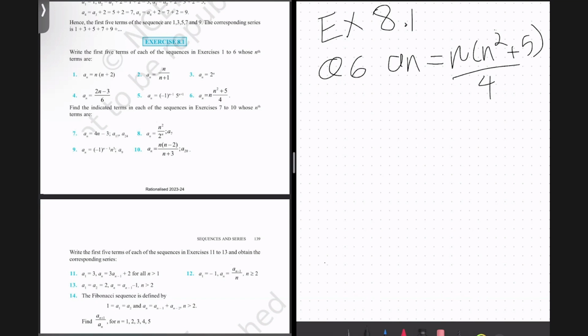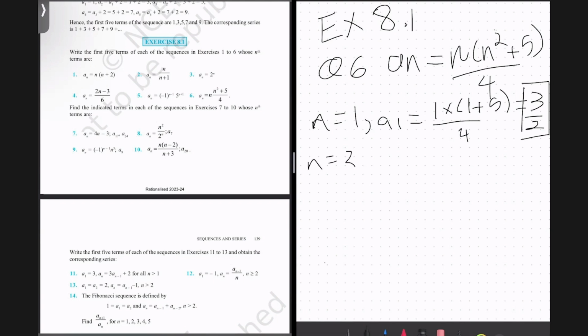You just have to plug in the value of n here, and that is how you're going to arrive at the solution. So for n equals 1, the first term would be 1 into 1 square plus 5 upon 4. 1 into 1 square is just 1, plus 5 is equal to 6. 6 upon 4 is equal to 3 upon 2, and that is your first term, right?